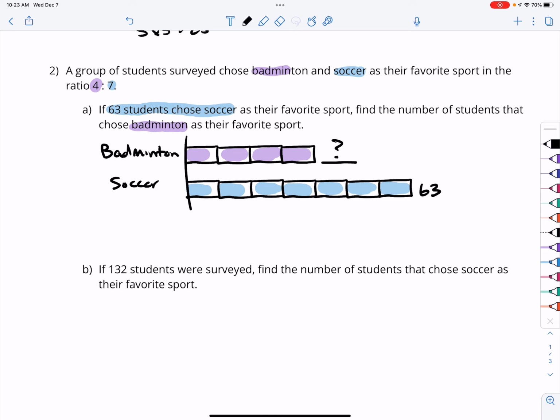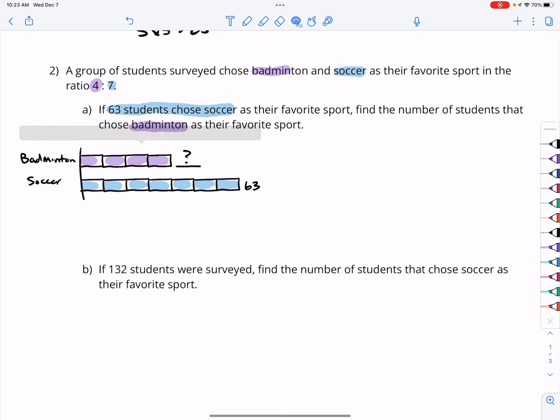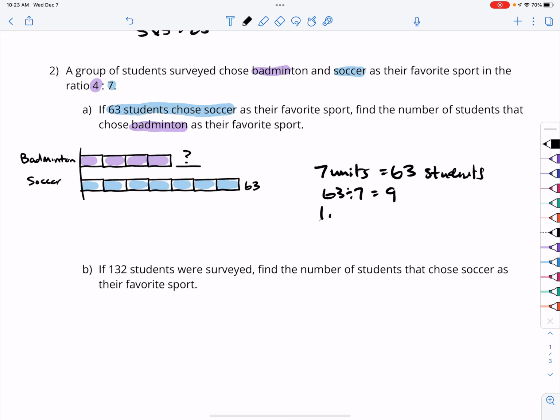So I am going to get myself a little bit more organized. That bar model ended up taking up too much space. But now I can see that in soccer there are 7 units. And those 7 units equal 63 students. So if I do 63 divided by 7, I get 9, that means 1 unit is 9 students.